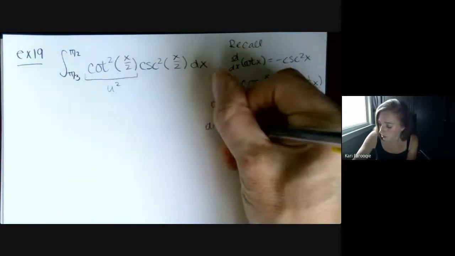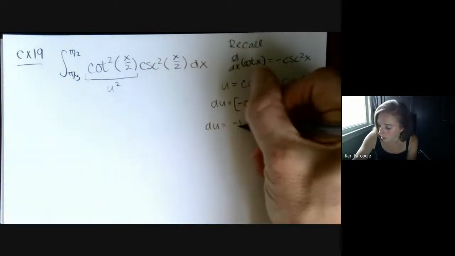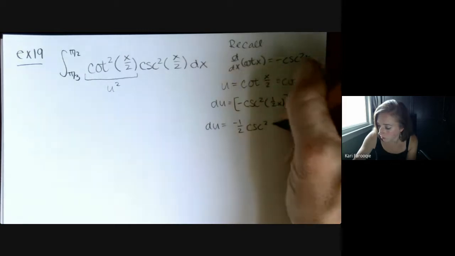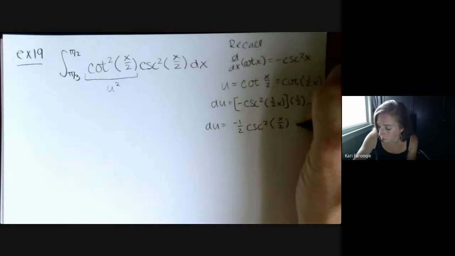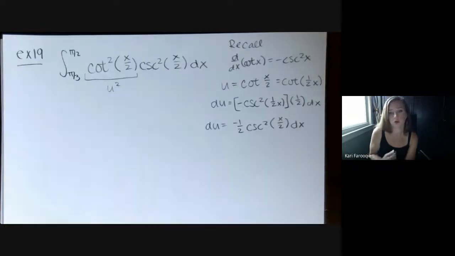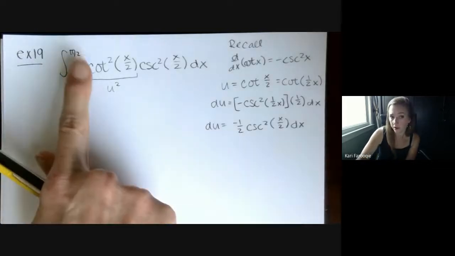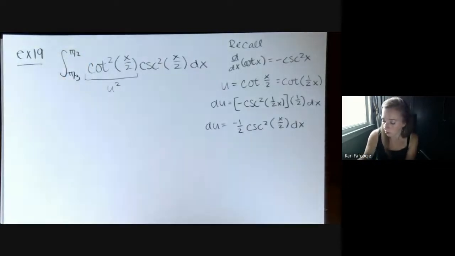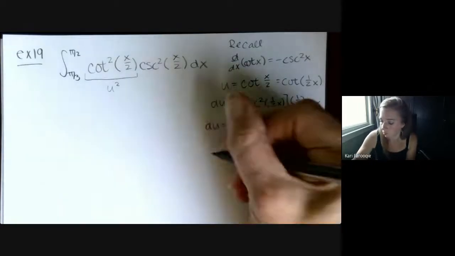When you rewrite this, du is going to be negative 1/2 cosecant squared. And now if you want to switch it back to x over 2, just because you know you're going to be substituting, that's fine. You can switch it back. And now, since you have a negative 1/2 as a constant multiple, you can multiply both sides by negative 2.